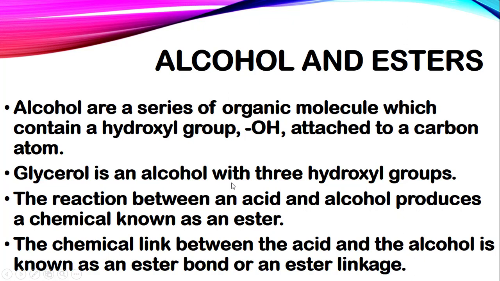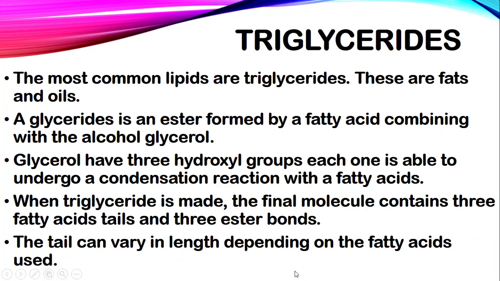Glycerol is an alcohol with 3 hydroxyl groups. The reaction between an acid and alcohol produces a chemical known as ester. The chemical link between acid and alcohol is known as the ester bond. Ester bond is the bond that holds an acid to an alcohol molecule, or ester linkage.